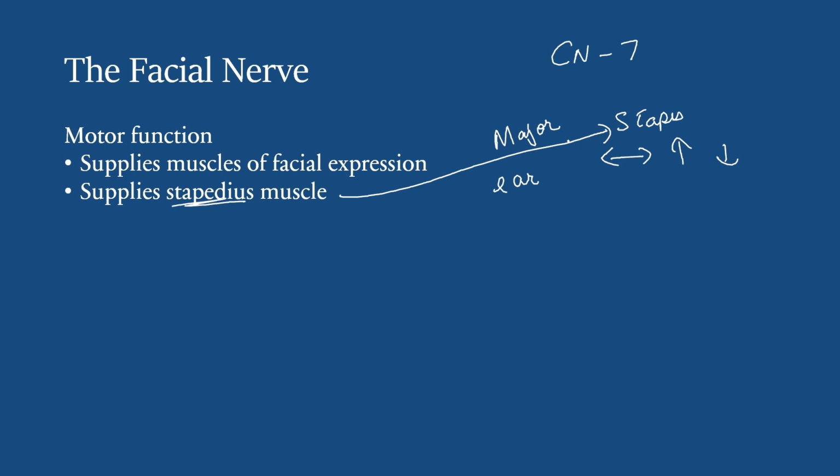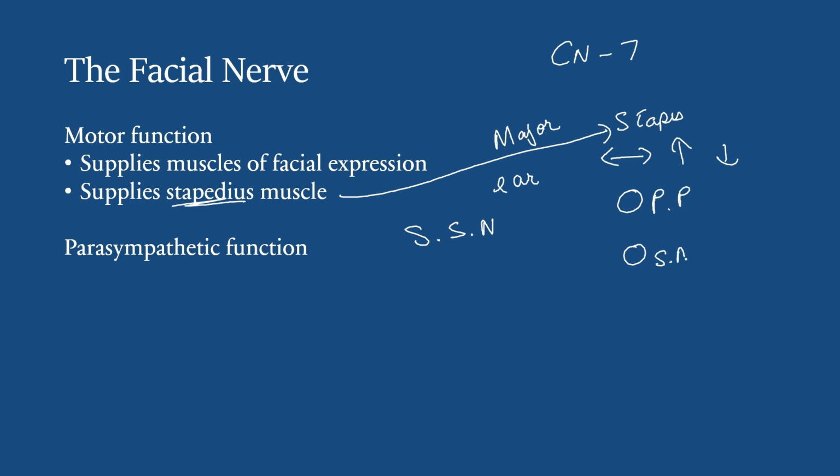Okay, so that is the motor function of the facial nerve. Now, what about the parasympathetic function? One of the facial nuclei is known as the superior salivatory nucleus. This is a parasympathetic nucleus, and it gives rise to preganglionic parasympathetic fibers that go to two different ganglia. One of them is the pterygopalatine ganglion, and the other one is the submandibular ganglion.